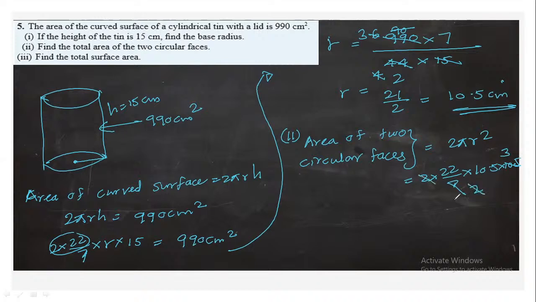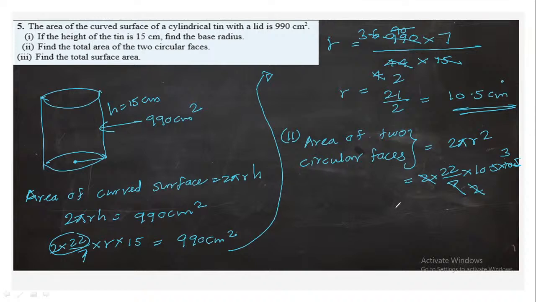Then 22 into 10.5, and there are 3 altogether.